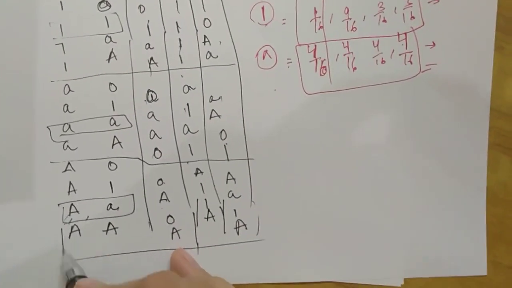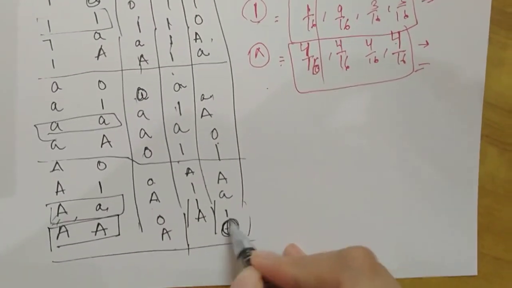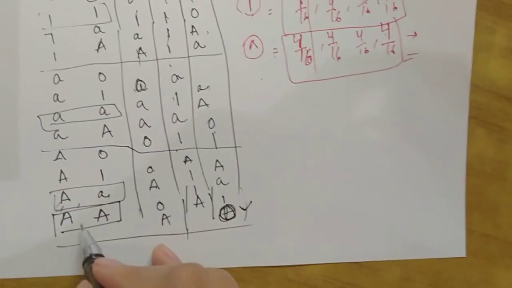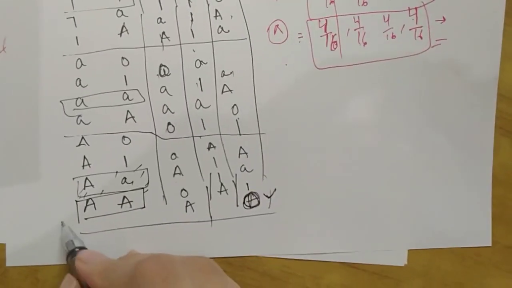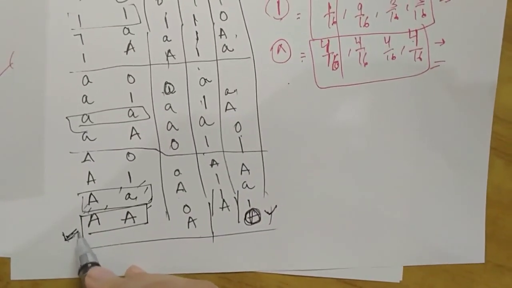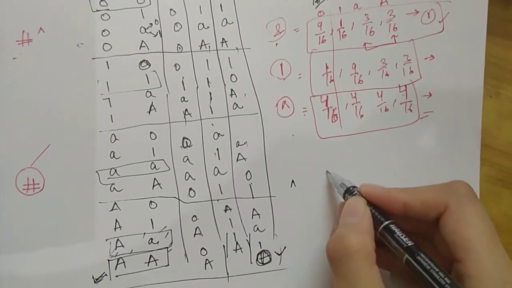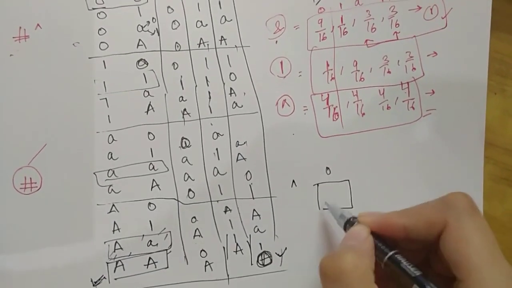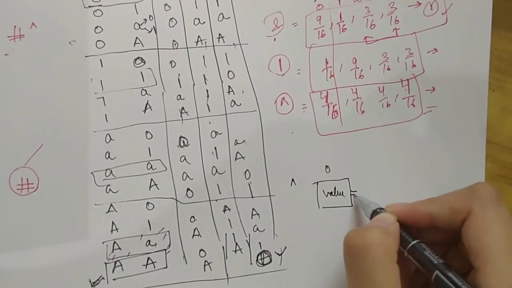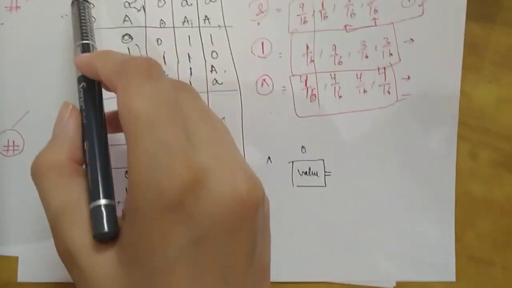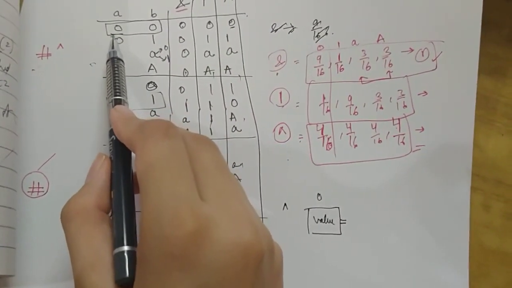It is not this, and this 0. So we can get in XOR 0 value equal to this.